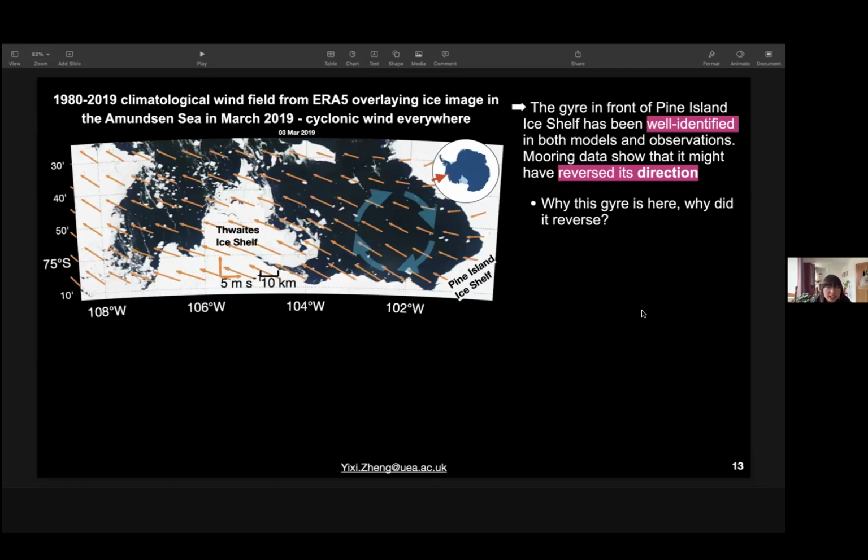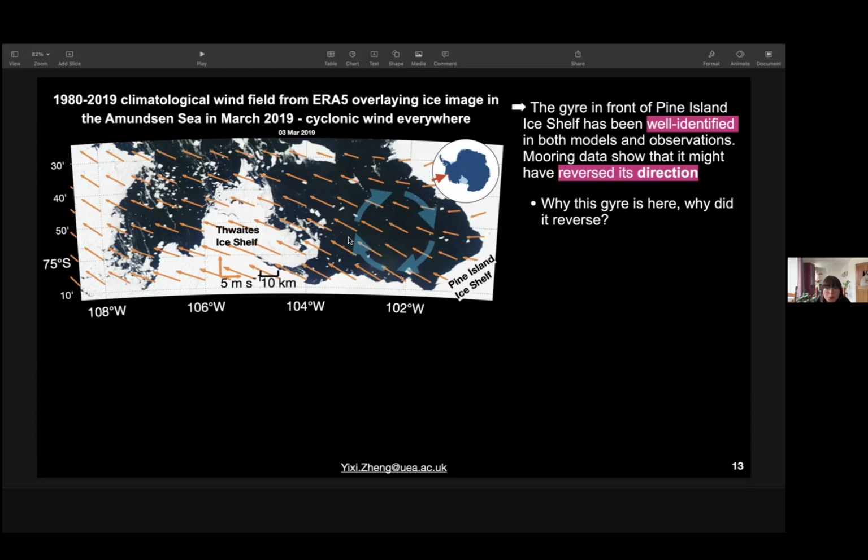It's just because I've been seeing this gyre in front of Pine Island Ice Shelf everywhere. This gyre is called Pine Bay Gyre, and it's been here in all models and observations. And the mooring data in this region has shown that it might have reversed its direction once in history.